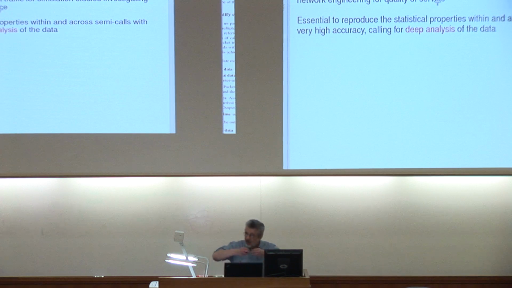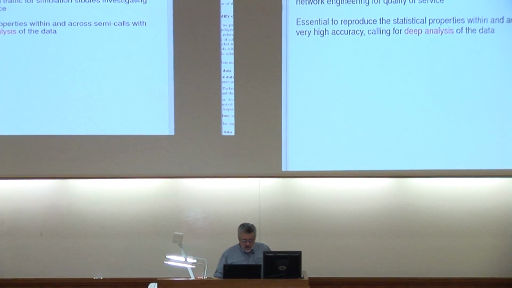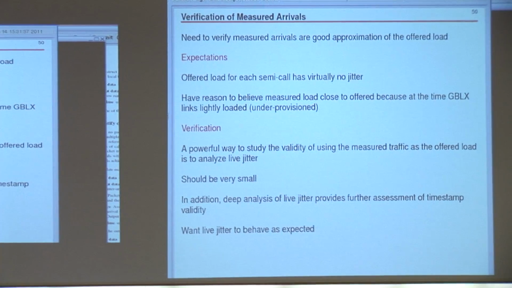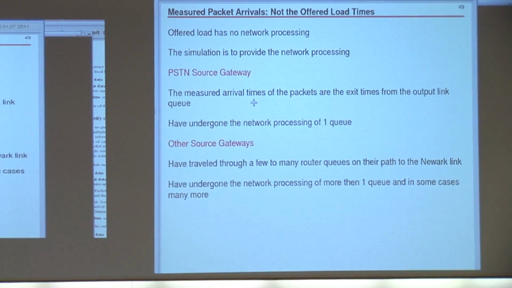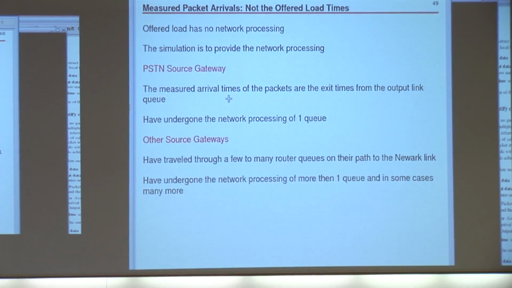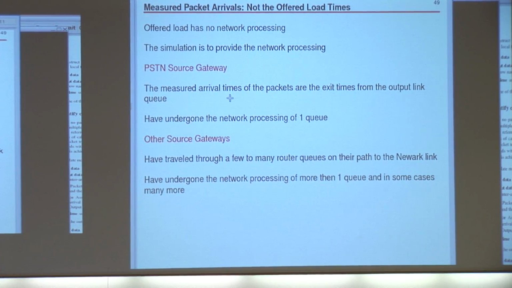And that's what we need, because the simulation generates the offered load, and then the simulator takes care of any network processing that goes on. So we need pristine data. The problem is that our measured load is actually not pristine, because we're sitting there looking on the link.